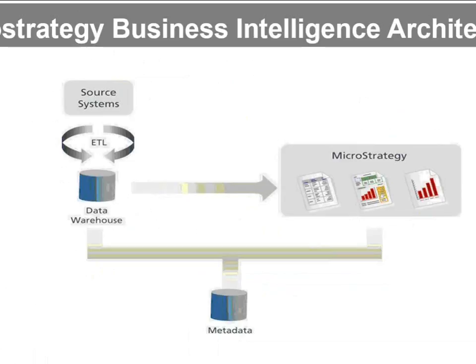Once the SQL query has been generated, only thereafter it's going to open a connection to the data warehouse, fire that generated SQL, fetch the data from the data warehouse, and then come back to MicroStrategy and display the data in the required format that you have defined under the reports, documents, dashboards, or anything.